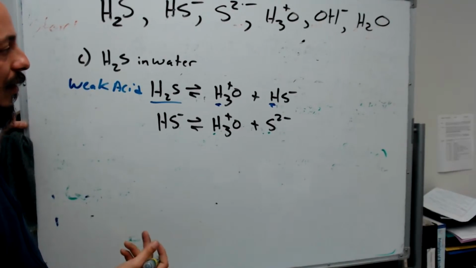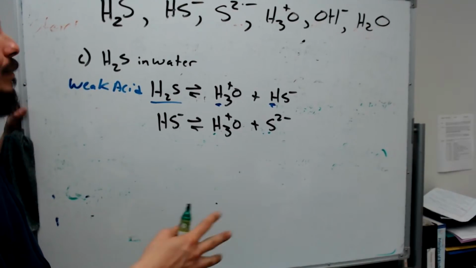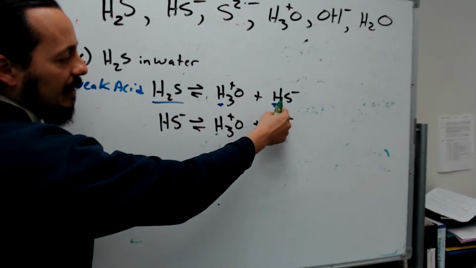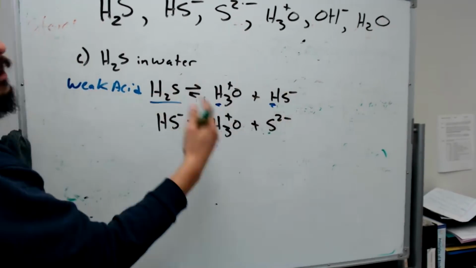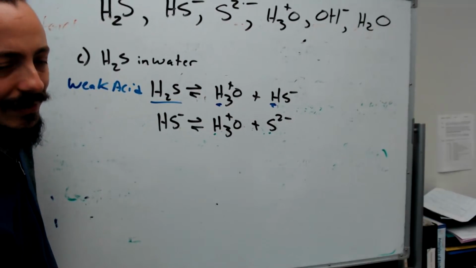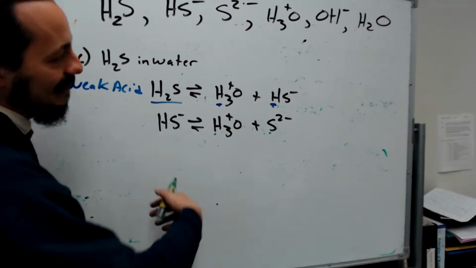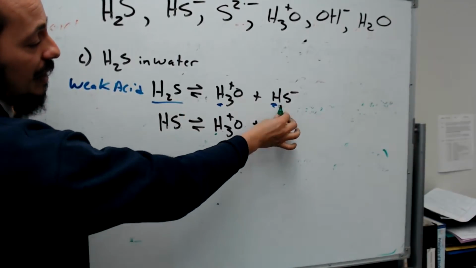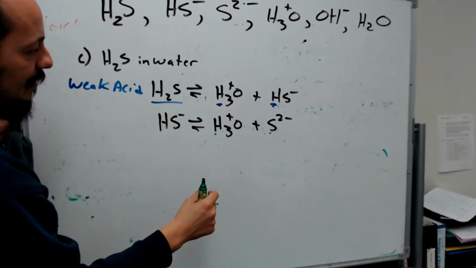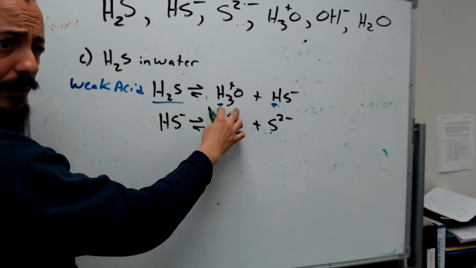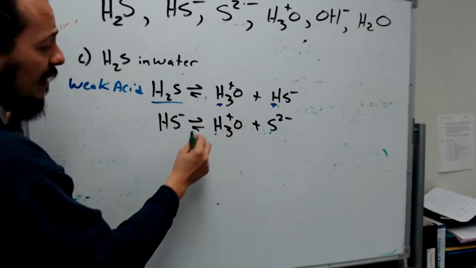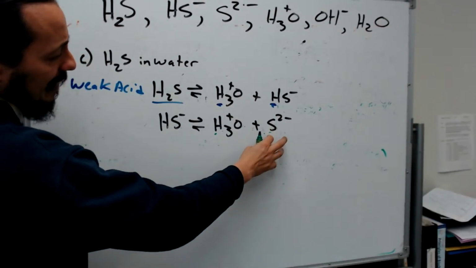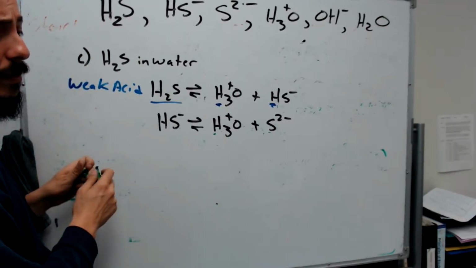So if I wanted to look at my ratios, my concentration of each thing, water would be the most, of course, but we shouldn't even consider water in that list, because there's water everywhere. But the H2S would be the most, the HS minus would be next, and probably close to the H3O plus. And then the HS minus falling apart would barely produce any S2 minus and any H3O plus.